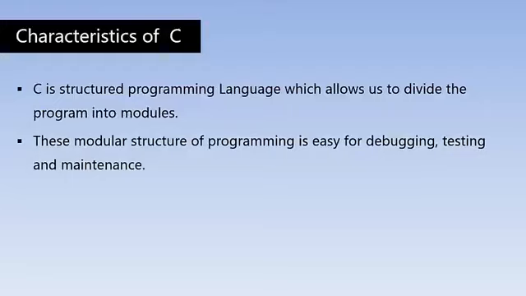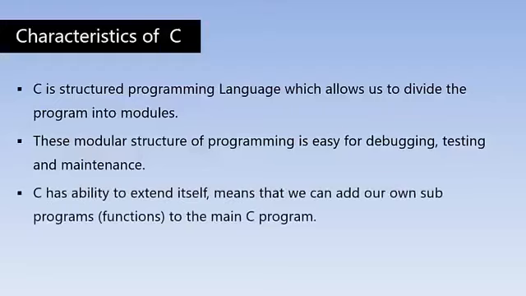If you solve a big problem as a whole, you'll find difficulties, right? When you divide a big problem into smaller parts, it is easy for debugging. Debugging means checking for errors, and also testing and maintenance. C has the ability to extend itself, meaning that we can add our own sub functions or sub programs to the main C program.